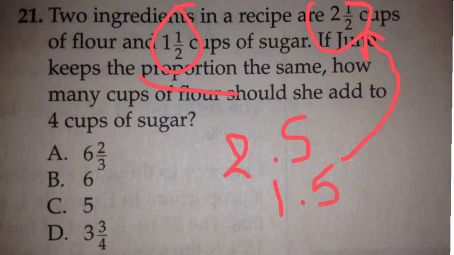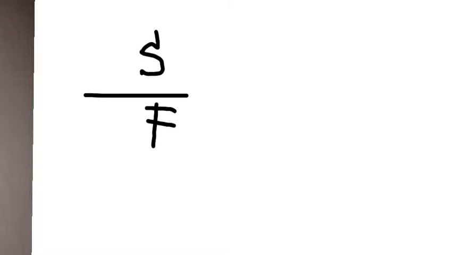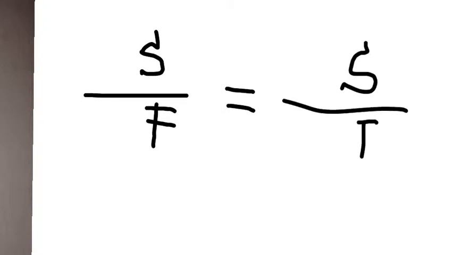Okay? So let's solve our problem. So we have sugar, flour, right? So put sugar, flour equals sugar, flour. By looking at the numbers, I have 2.5 cups of flour, so I put 2.5 of flour.